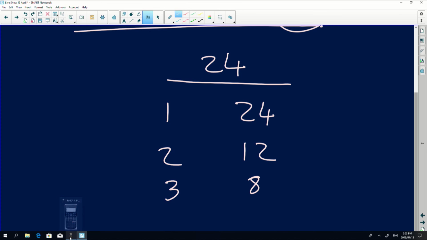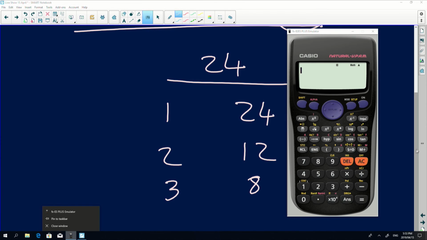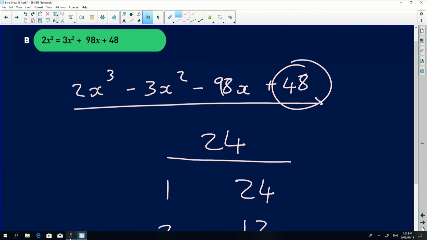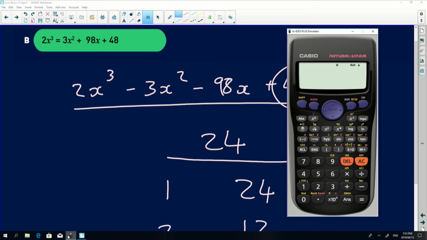Okay guys, so if I plug this equation into my calculator over here, I'm going to try and find, hopefully, one of these factors will be the first factor. So I'm going to have mode 3, 2, alpha x cubed, minus 3 alpha x squared, minus 98x, and then minus 48.